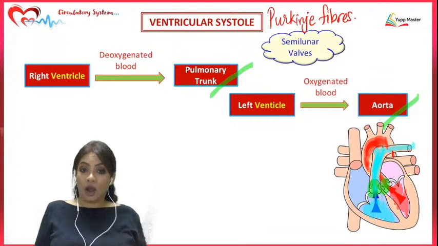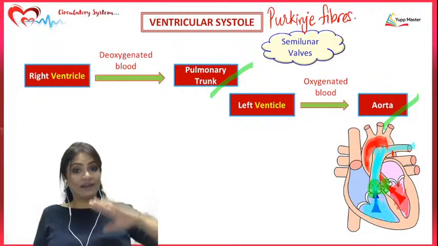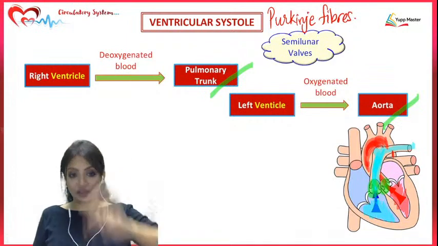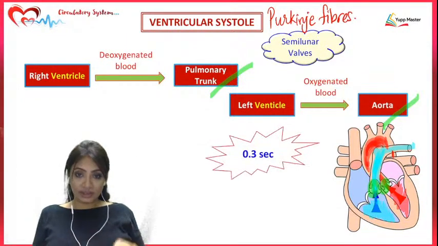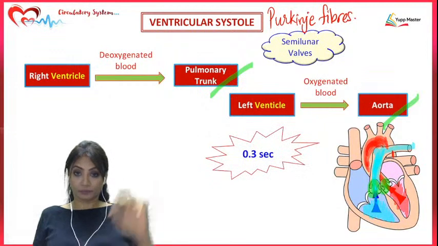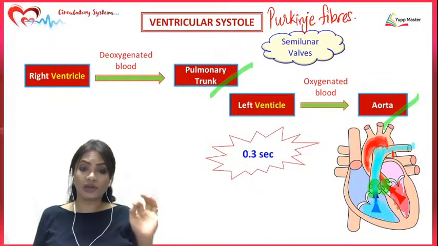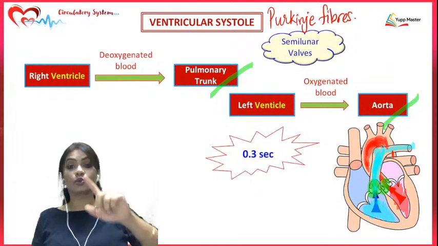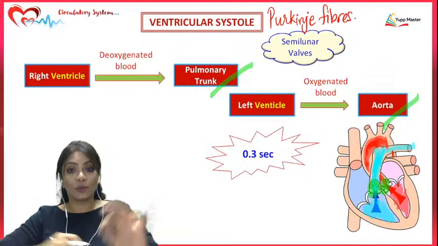Now what has happened? We have completed the atrial systole, and we have also completed the ventricular systole. Remember, atrial systole lasted for 0.1 second, and ventricular systole lasts for 0.3 seconds.